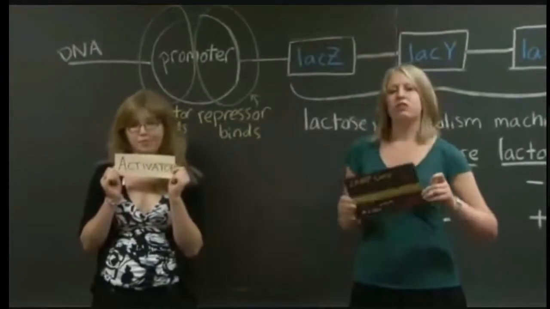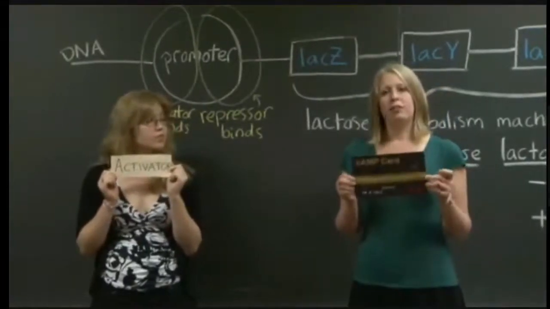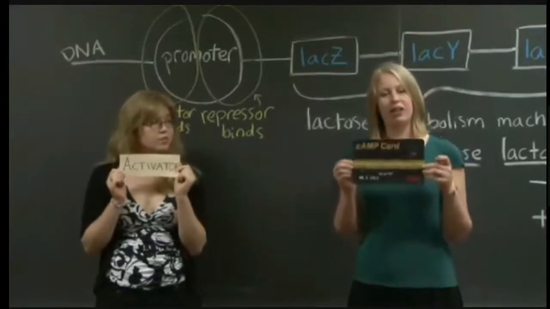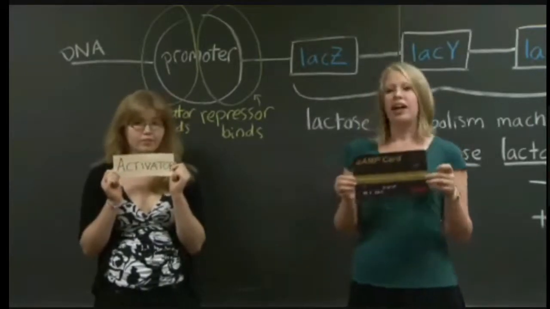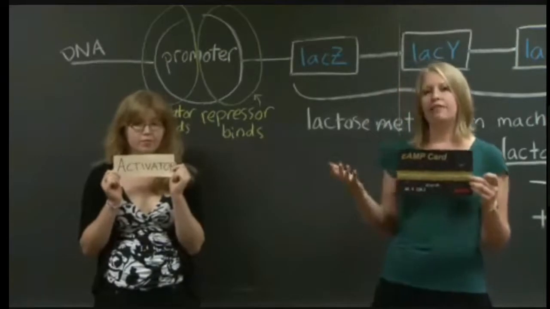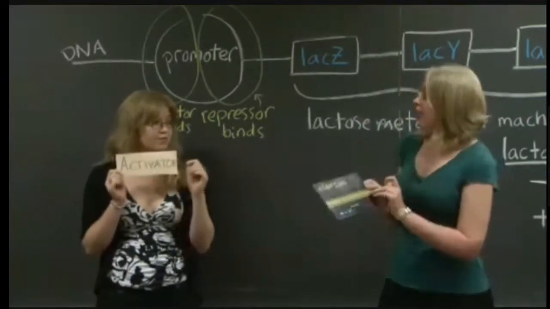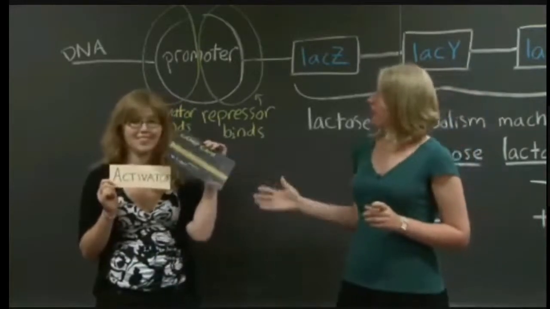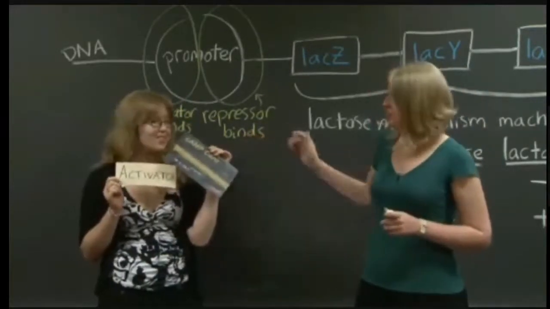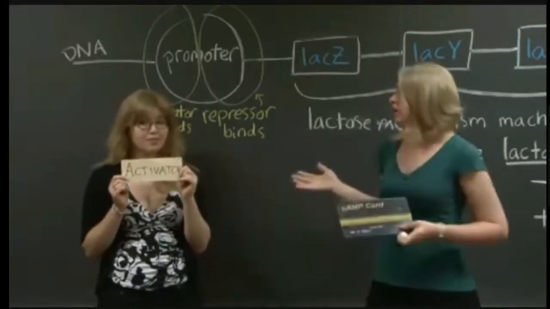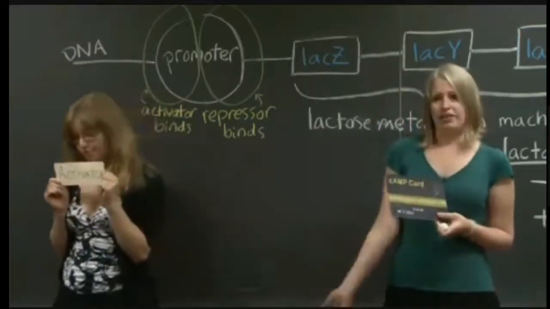When glucose is low in the cell makes a molecule called cyclic AMP, or CAMP. I have a molecule of CAMP right here. And so CAMP is the cell's way of indicating that there is low glucose in the cell. The activator needs CAMP to bind to the activator binding site. When CAMP is removed, or glucose is added, the activator cannot bind to the promoter anymore.